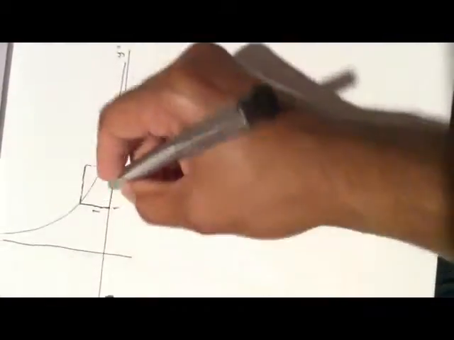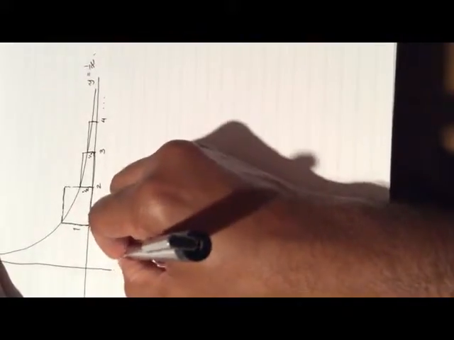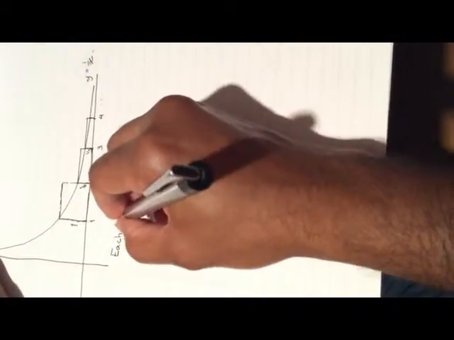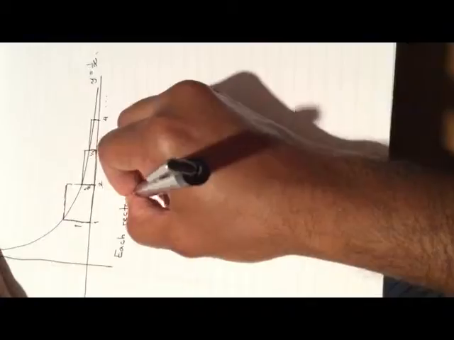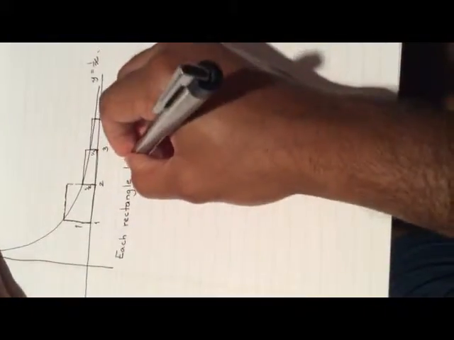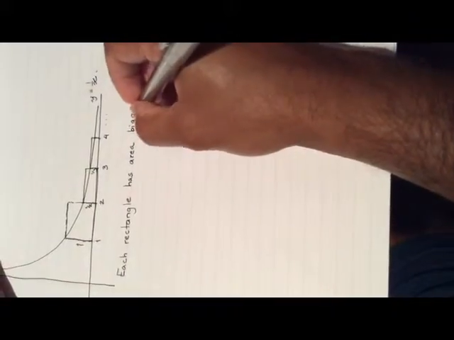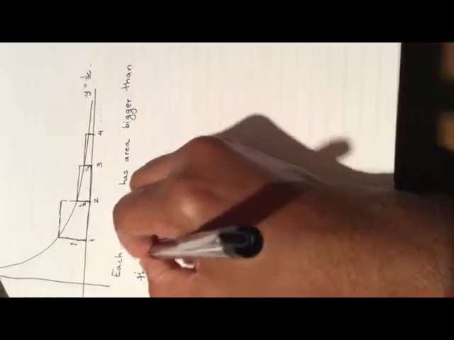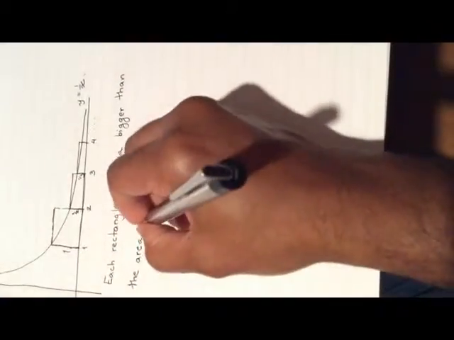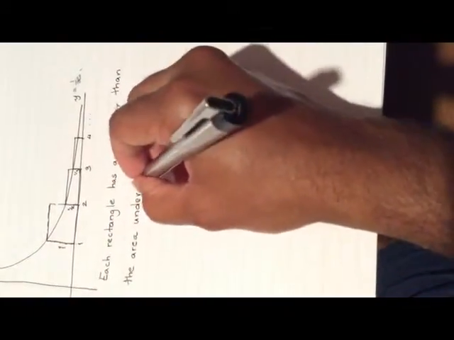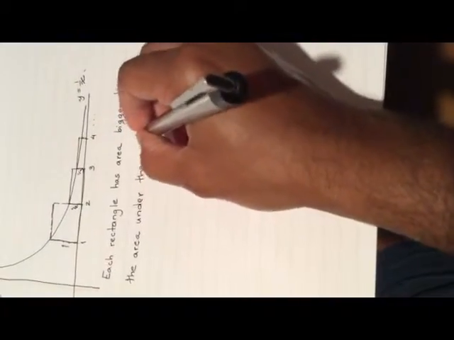But what is clear from the picture is each rectangle has area bigger than the area under the curve. What am I saying?